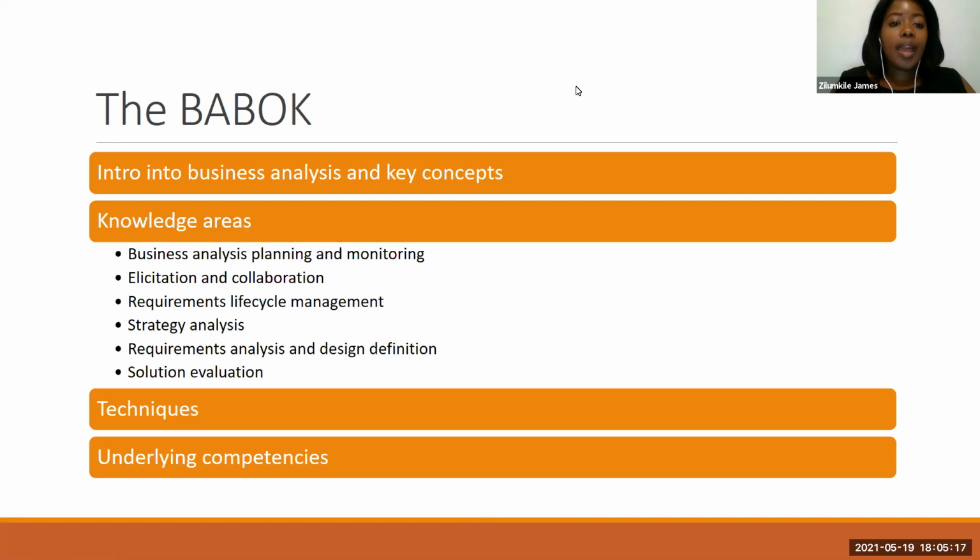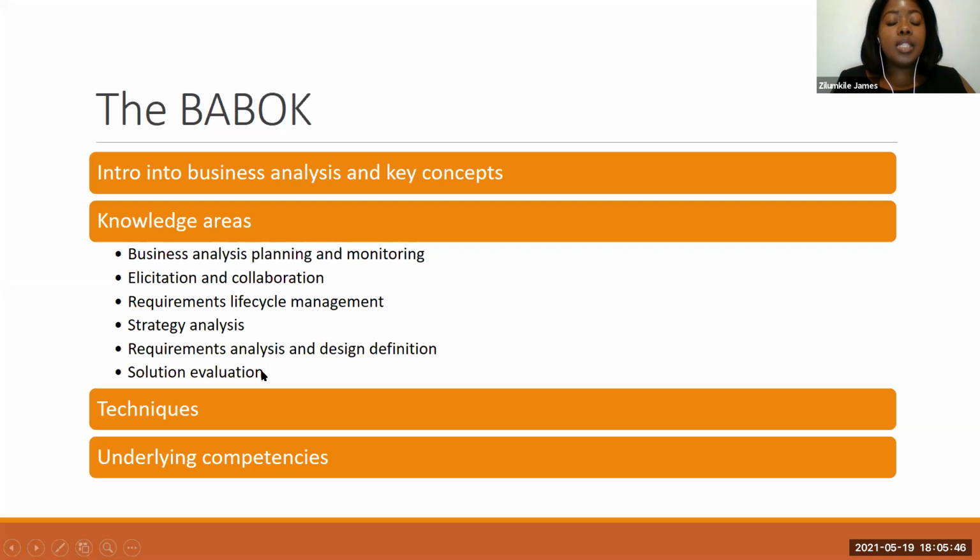The BABOK has the following chapters: the intro, business analysis key concepts, and then six knowledge areas: business analysis planning and monitoring, elicitation and collaboration, requirements life cycle management, strategy analysis, requirements analysis and design definition, and solution evaluation.